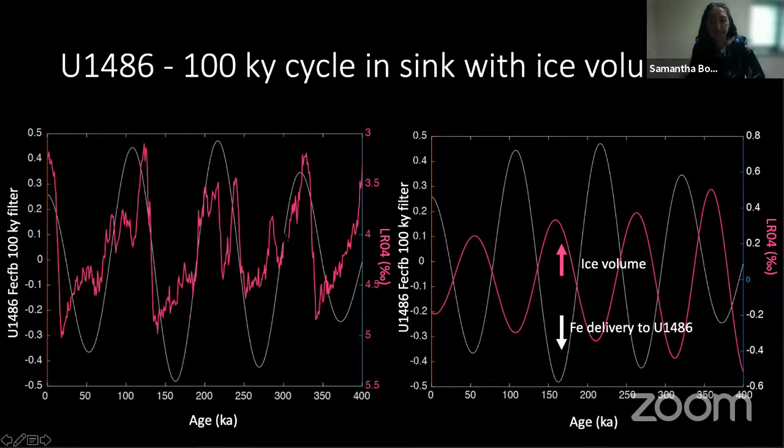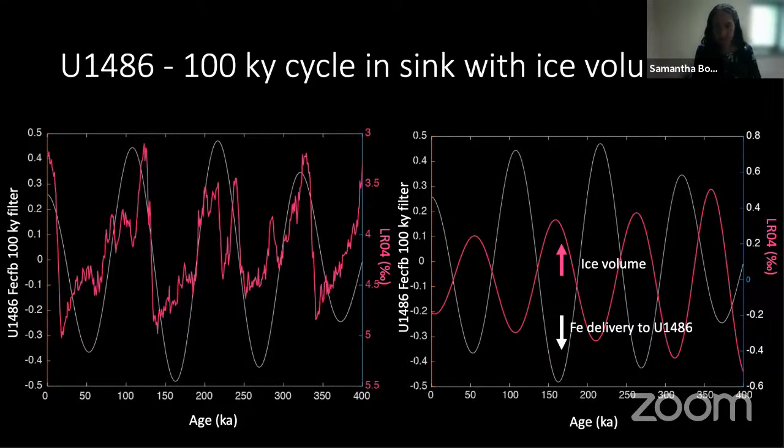So we see essentially that we get the maximum iron delivery to 1486, so that's up in both of these diagrams, occurring with ice volume minimum, and we see minimum iron delivery during ice volume maxima.